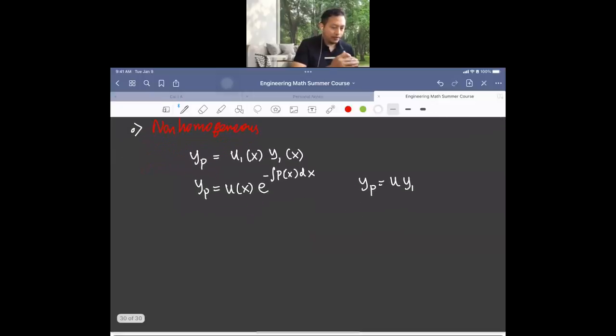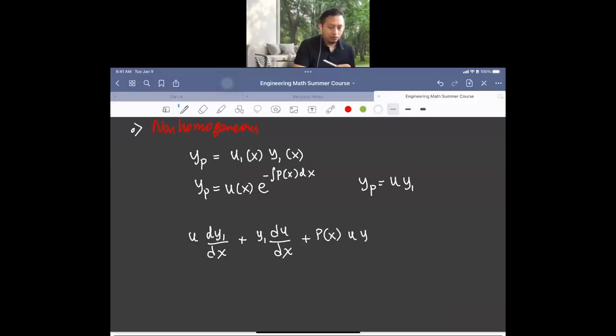Now if we take this derivative, then we will have u dy1 dx plus y1 du dx plus p of x u y1 equal to the function of x.